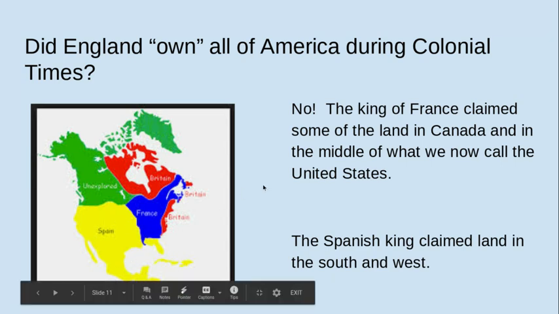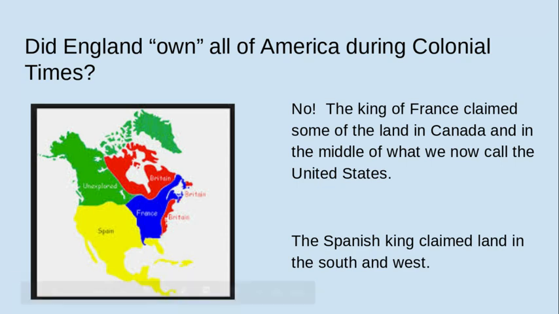So those three countries, they're all from Europe, England, Spain, and France, came over to the New World that we now call the United States, and they each kind of divided it up and said, this is mine, this is mine, this is mine. This green says unexplored. That means at the time that we're talking about, which is colonial America, people hadn't explored that.